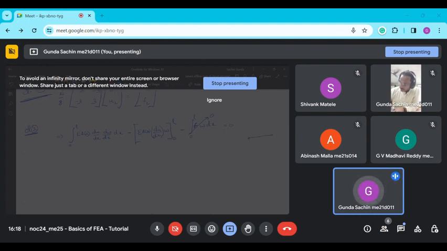This is our weak form. Here we need to be careful for element 2. Our element 2 starts at x equals 1 meter to x equals 2 meter. And if we are choosing the local coordinate system, it will be from 0 to L.